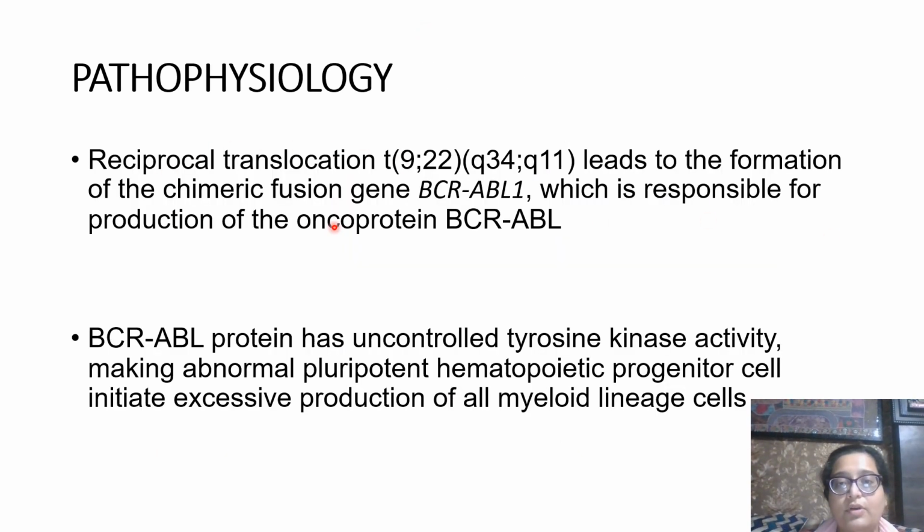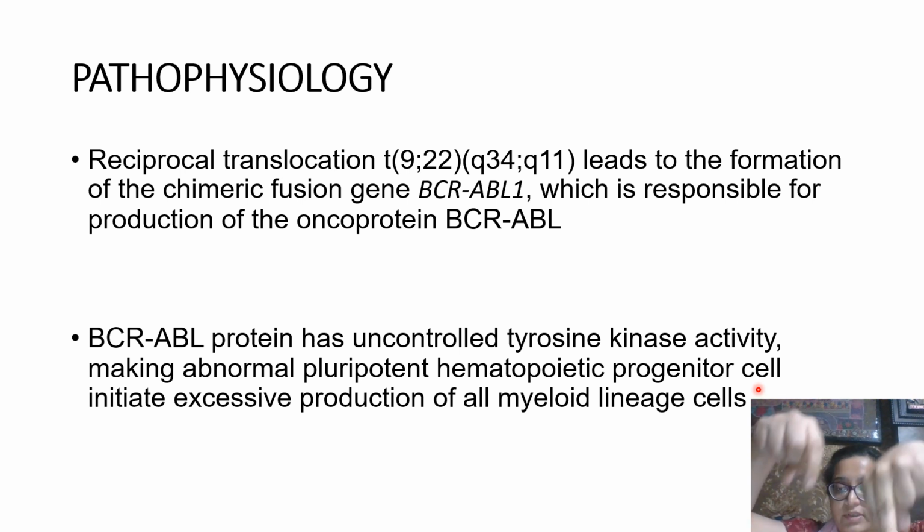So it's a reciprocal translocation between 9 and 22, leading to a fusion product of BCR-ABL1, which leads to uncontrolled tyrosine kinase activity, which leads to cell proliferation. If you draw a round cell, on the surface of the cell there are proteins, which are receptors.